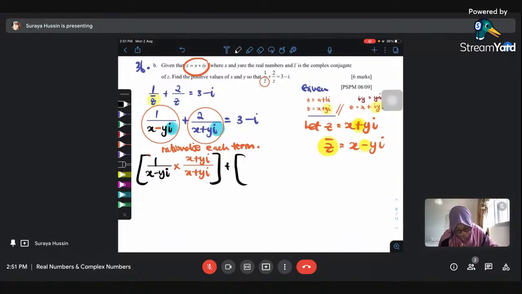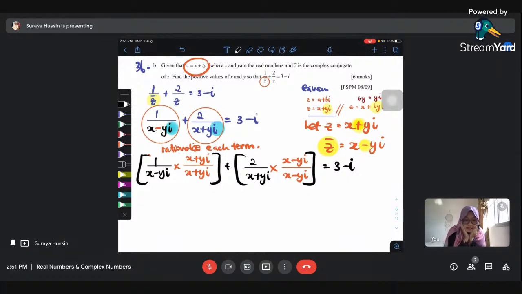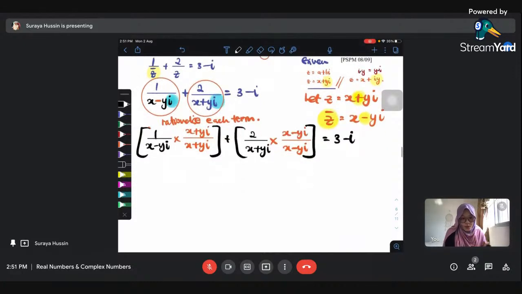Plus the second term, 2 over X plus YI times X minus YI over X minus YI. And then copy the right hand side. Is there anything wrong here?